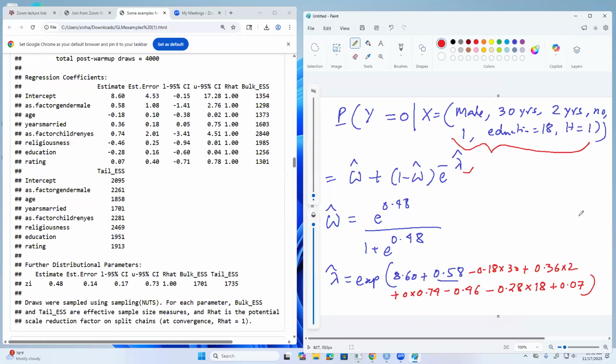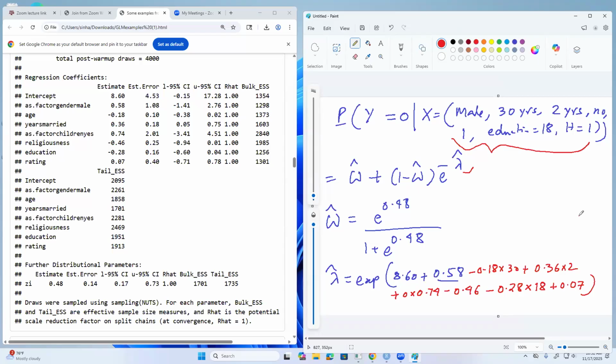So if they sample 1000 observations from the posterior distribution of all the parameters, including omega, then you have a posterior estimate of probability y equal to 0, 1000 times. So you have a distribution. And for that distribution, you can take the average value, posterior mean, that will serve as the Bayesian estimate.